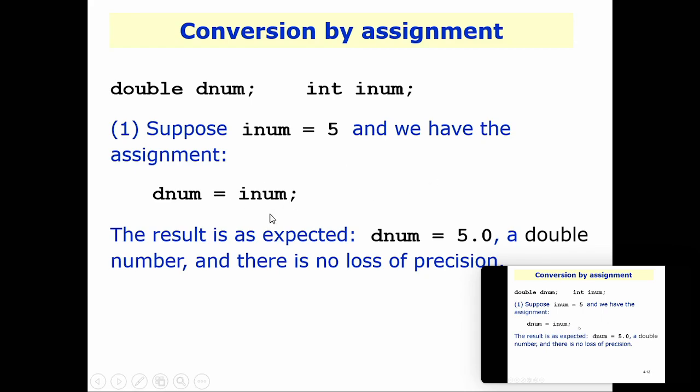So you put the integer value 5 to dnum, right? Then this value is also promoted to type double. So you can store 5.0 as a double number. There's no loss of precision.